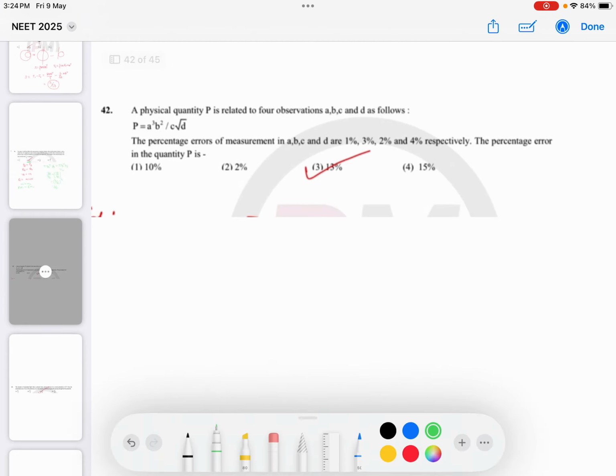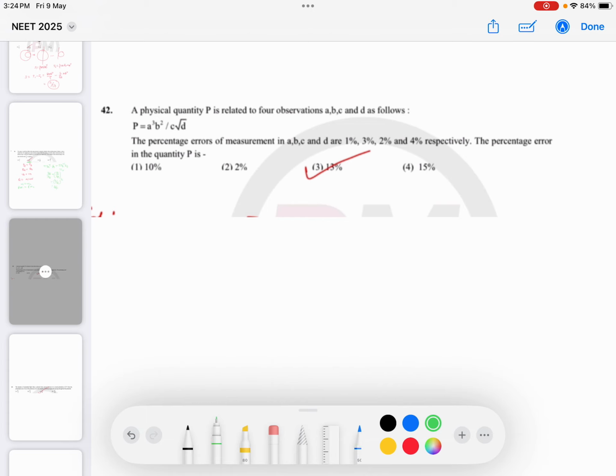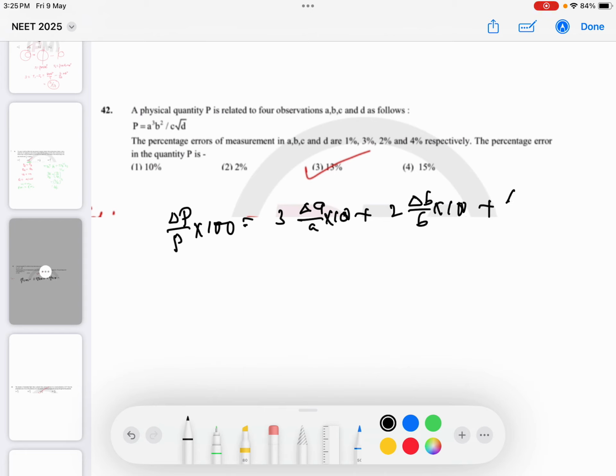Next one, units and dimension. Very simple question actually. So delta P by P into 100 value is equal to 3 into delta A by A into 100 plus 2 into delta B by B into 100 plus delta C by C into 100 plus 1 by 2 into delta D by D into 100.